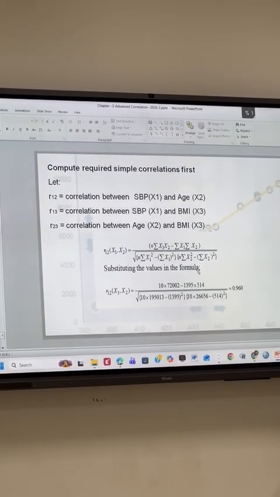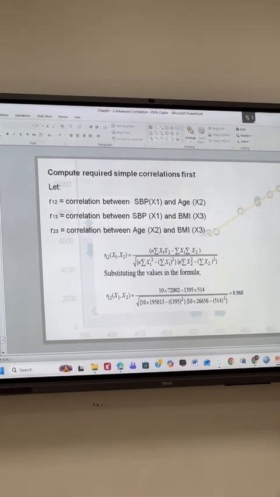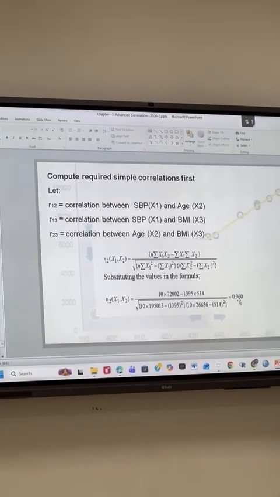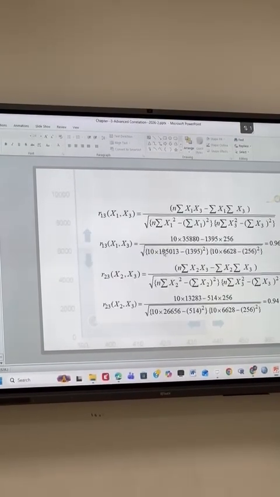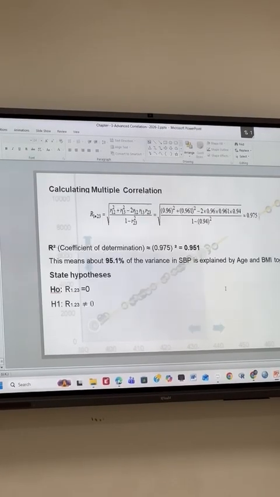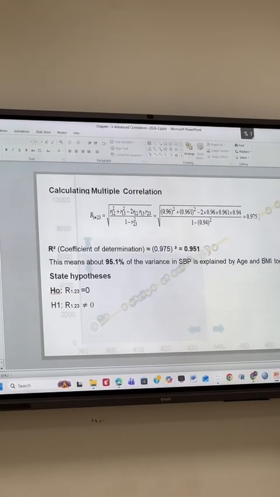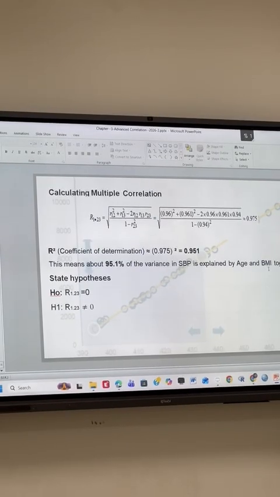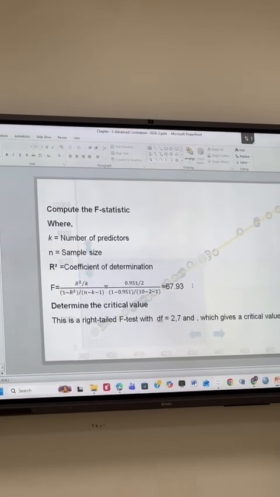Here I give the values R12, R13, R23 and ask you to find the value of R1.23. Use the formula.